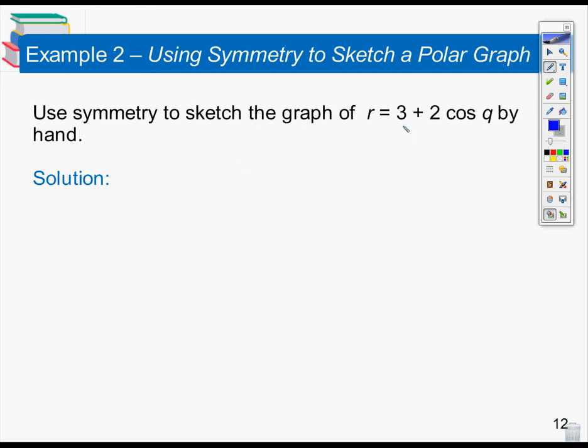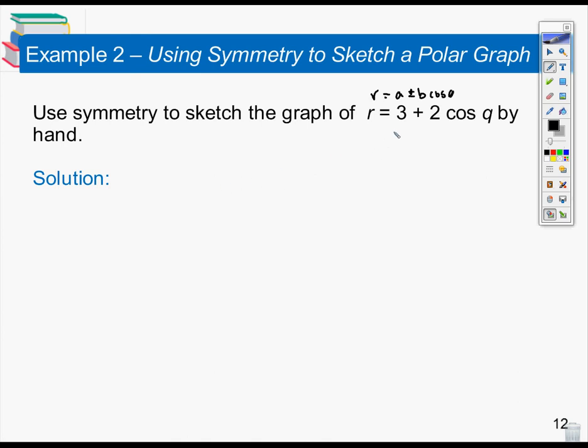First of all, I can look at this equation and say I know what type of shape that's going to come out to be. I know that this is the format r equals a plus or minus b cosine of theta, which is the format for a limaçon.